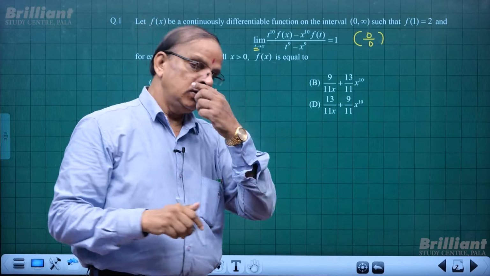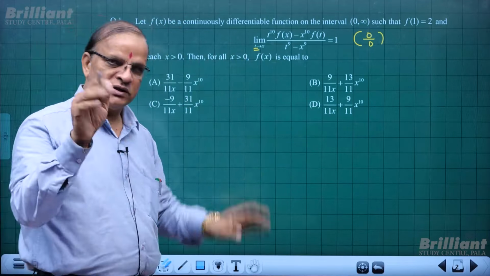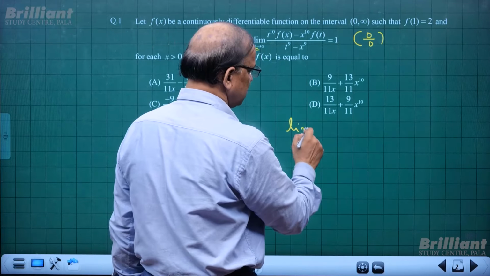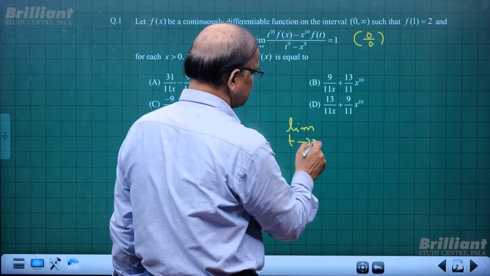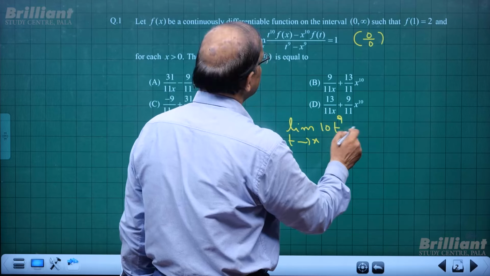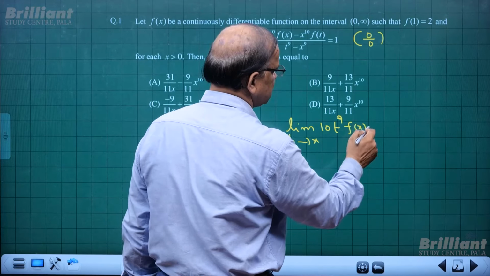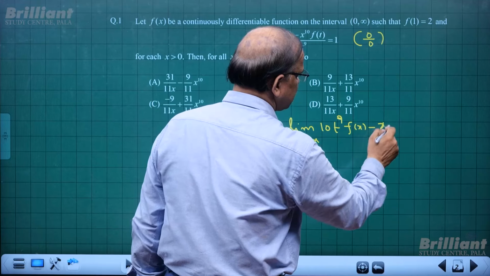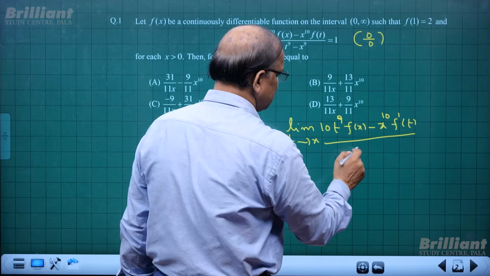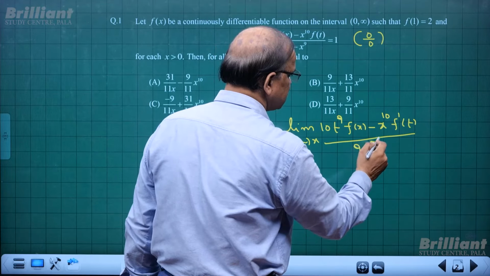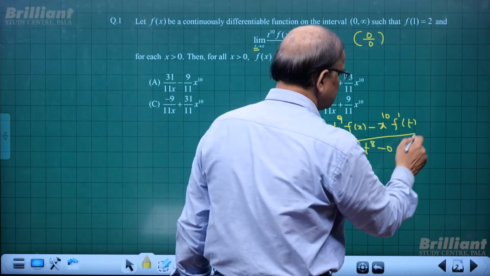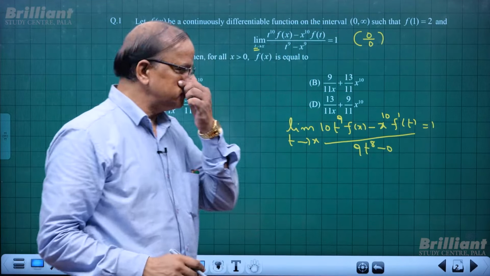Now it is t, so with respect to t. So the limit as t tends to x of (10 t power 9 f(x) minus x power 10 f dash t) by 9 t power 8, where x power 9 is constant, is equal to 1.